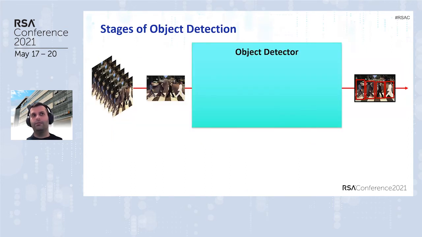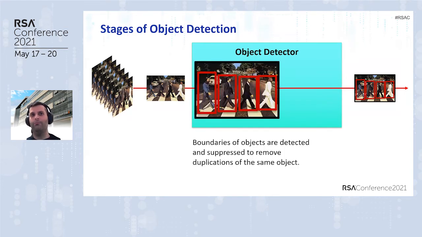Object detection starts with a string of frames. As indicated before, the object detector receives a frame as input, and boundaries of objects are detected and suppressed to remove duplications of the same object. This component mainly relies on several architectures. For example, YOLO is a famous architecture.